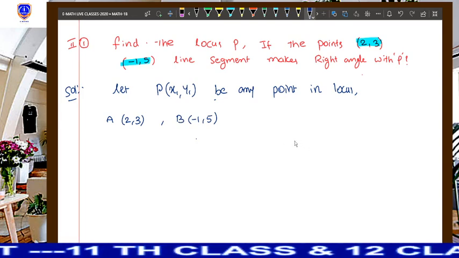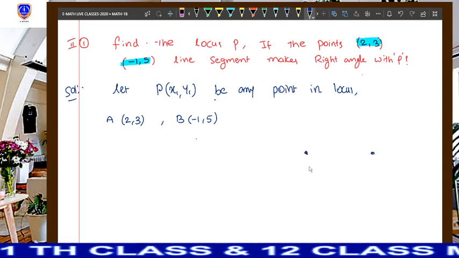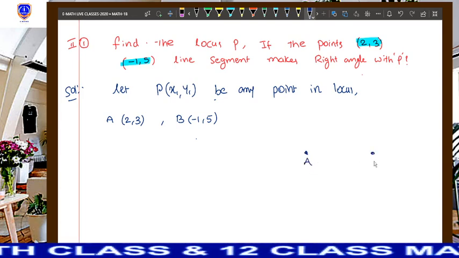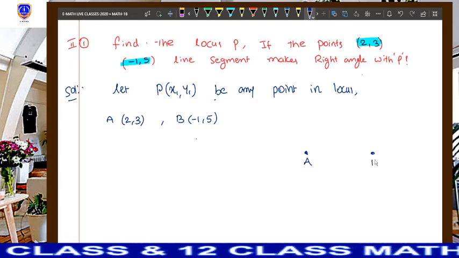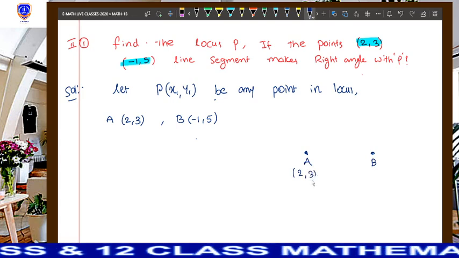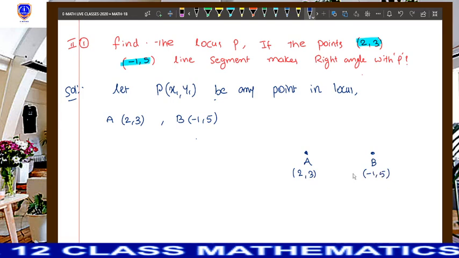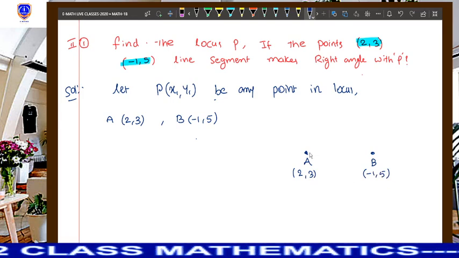Now let us suppose this is point A and this is point B. Fine. So this is (2, 3) and this is (-1, 5). These are the 2 points given.